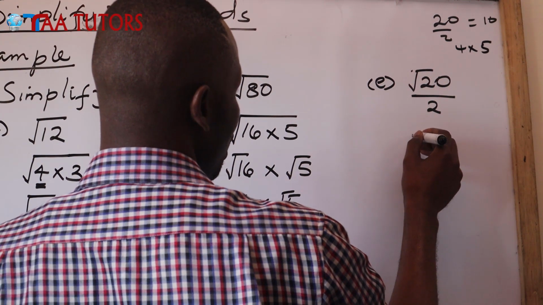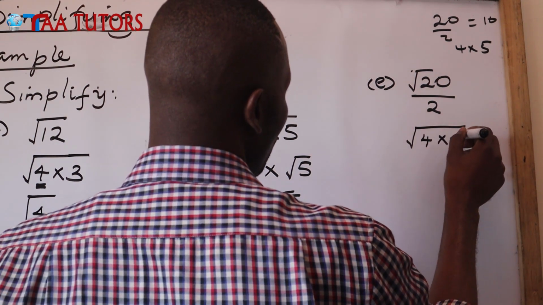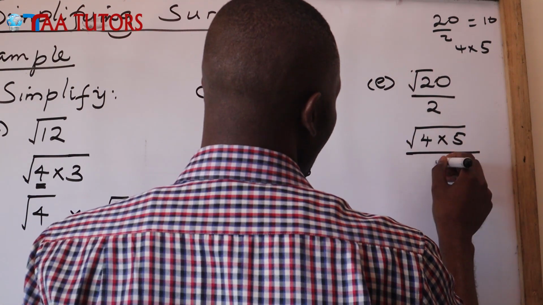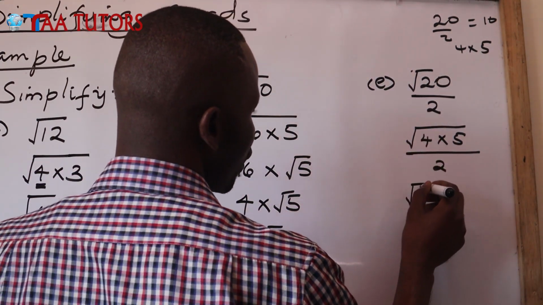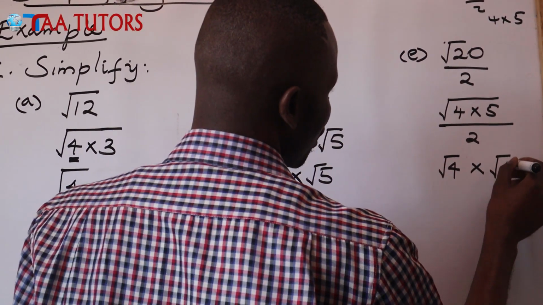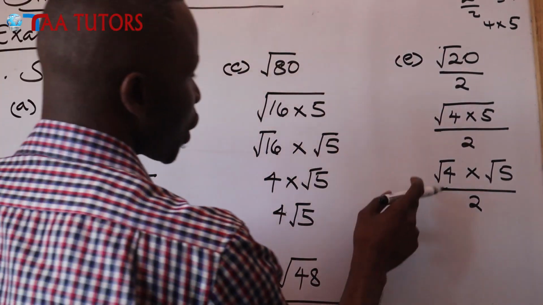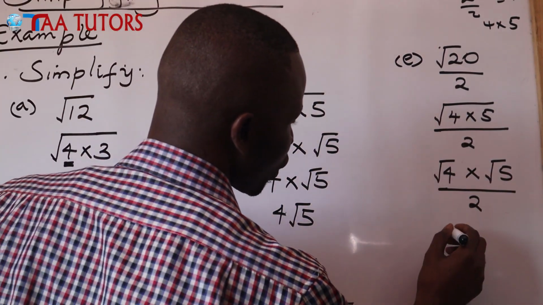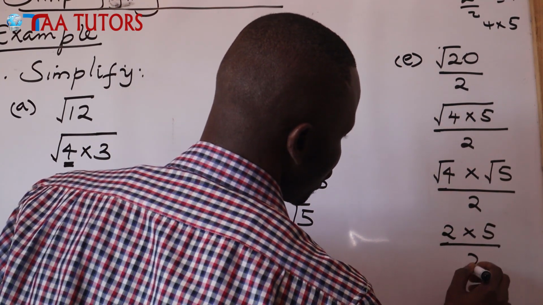So we'll say this will be √(4 × 5), but we know everything is divided by 2. Then from there, rule 1, we know we can have √4 times √5, everything divided by 2. But we know that √4 is 2, so we are going to have 2 times √5 divided by 2.